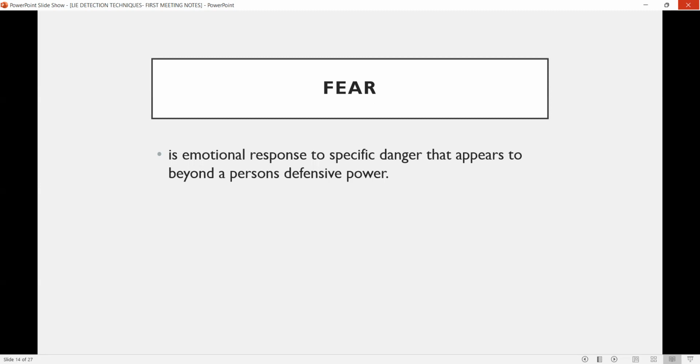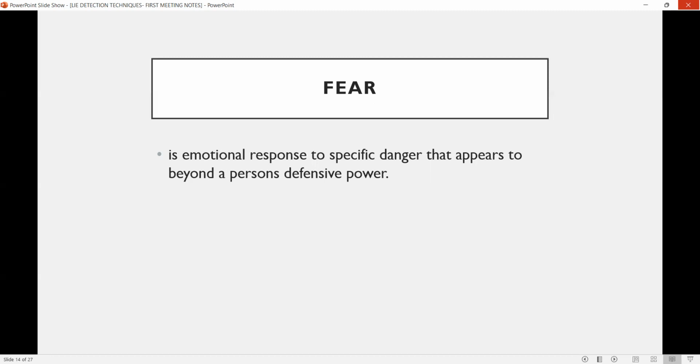We have fear. It is an emotional response to a specific danger that appears to go beyond a person's defensive power. What is fear? Okay, fear is an emotion, and if ever mahadlo ka, let's just say nakakommit ka crime, then ikaw may subjects sa polygraph exam.